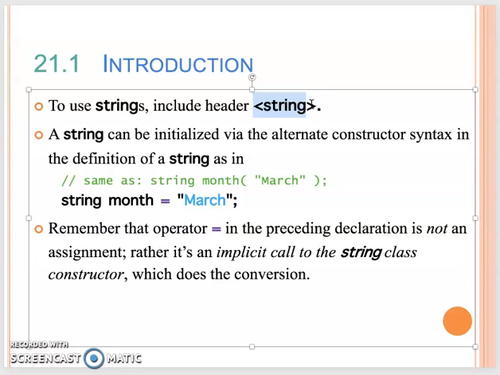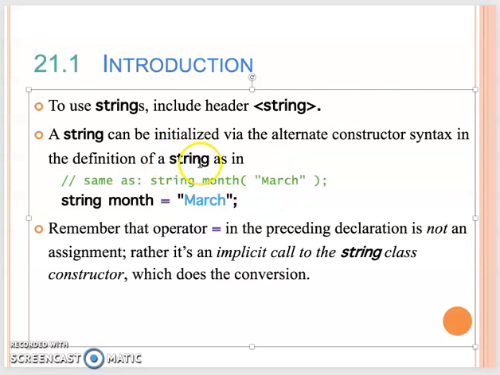Compare the C++ string and the C string. The difference is the C++ string is an object, but the C string, when we say C string, is basically a character array. So here we will focus on the C++ string.